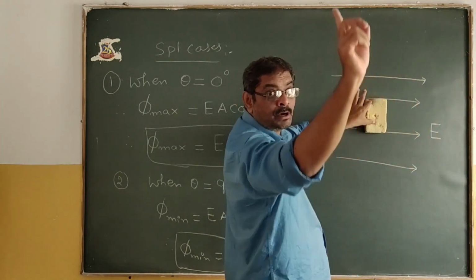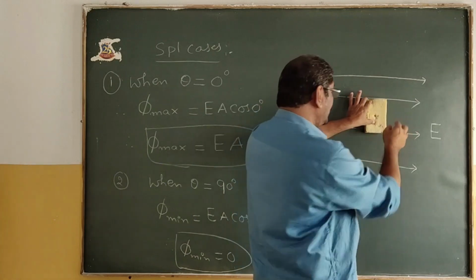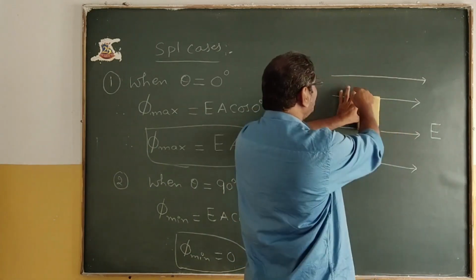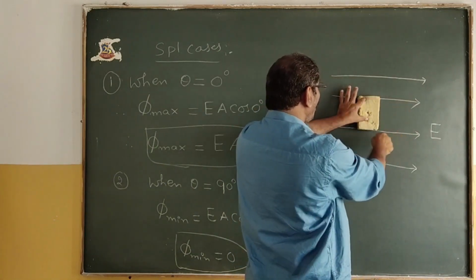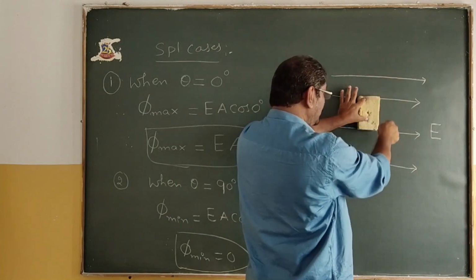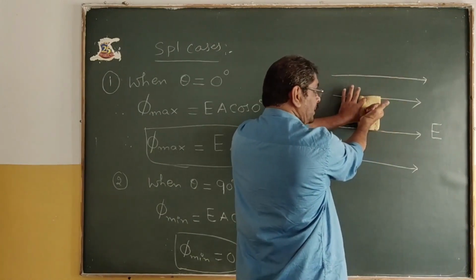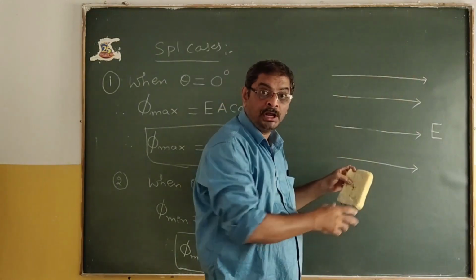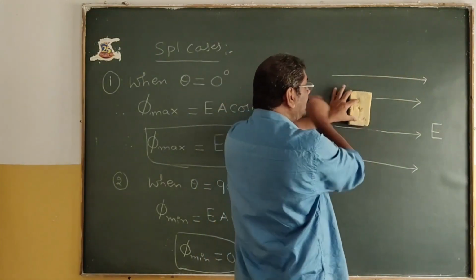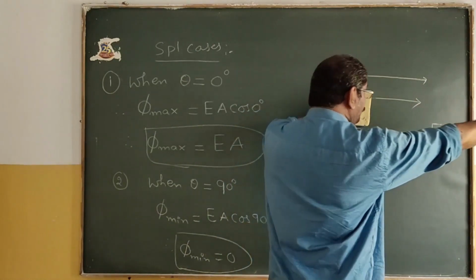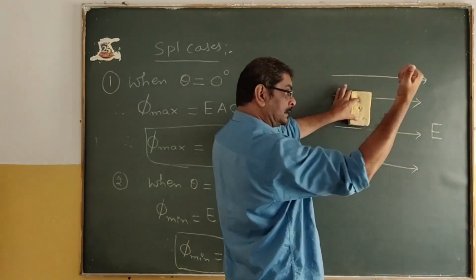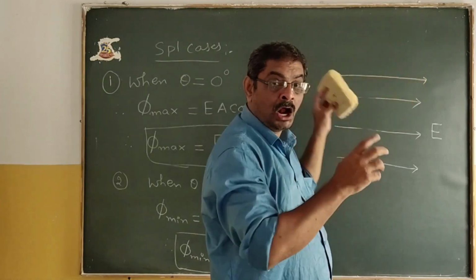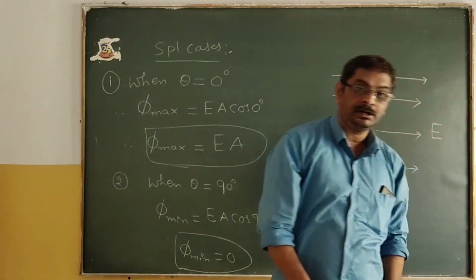So always remember the direction of the area vector will be normal to the plane, acting outward. Meaning the angle between the field vector and the area vector will be 90 degree.